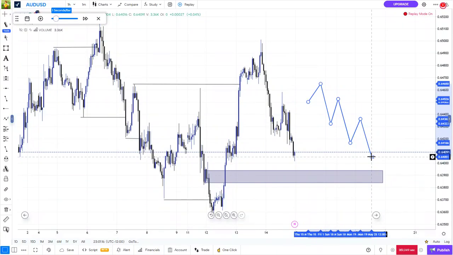So at the point whereby price fails to respect the lower high, it becomes a shift in structure, meaning that sellers are no longer interested in continuing price to the downside. The way I use for my entry, I use structure shift, inducement, either breaker block, order block, whatever it is.